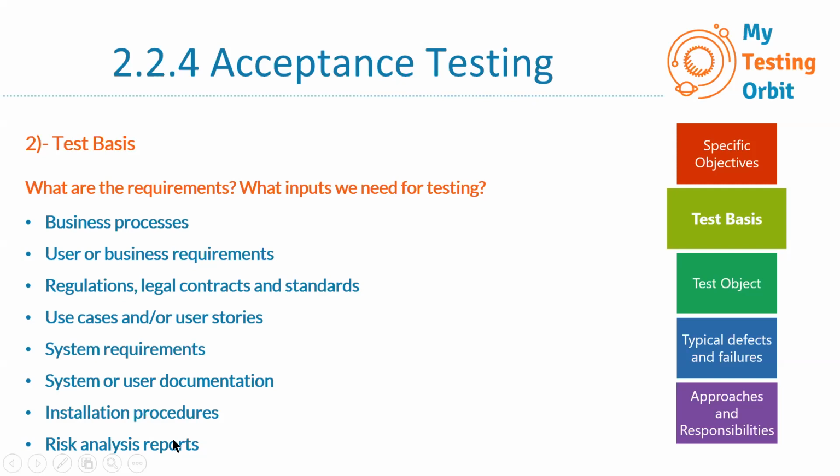Based on those risk analysis reports, let's say if all the functionalities are not complete but all the high risk ones are done, then that can be a key point to decide whether we are ready to go live or not. So that will be a major thing for acceptance testing.